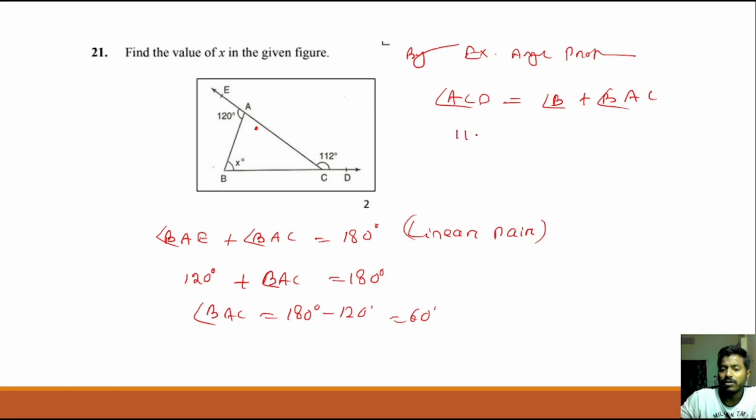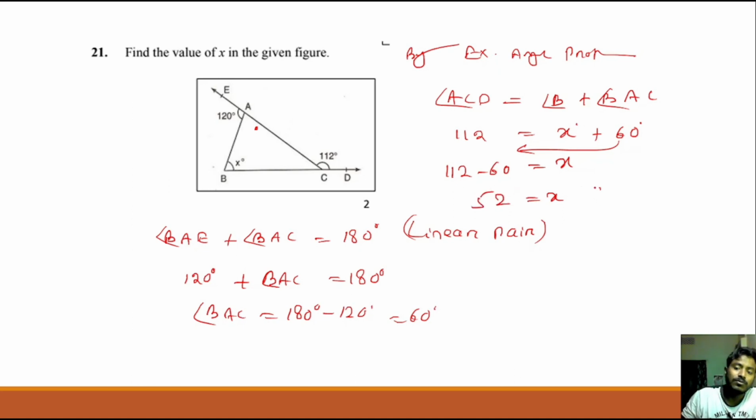So this is 112, this is x, this is 60. So x equals 112 minus 60. So x is equal to 52 degree. Okay, next.